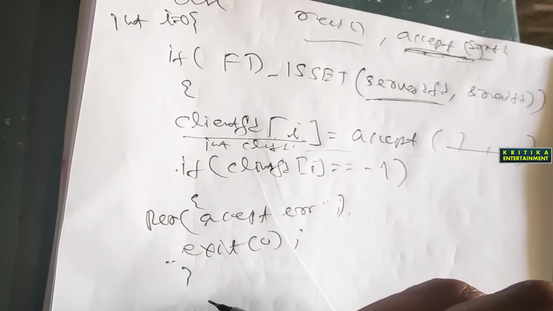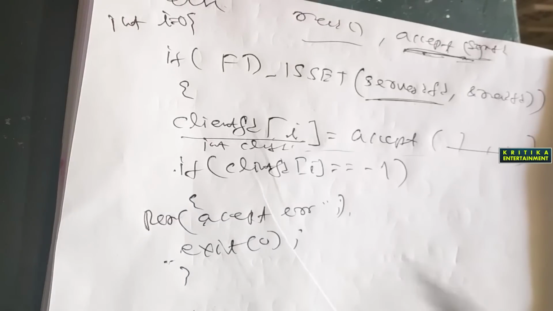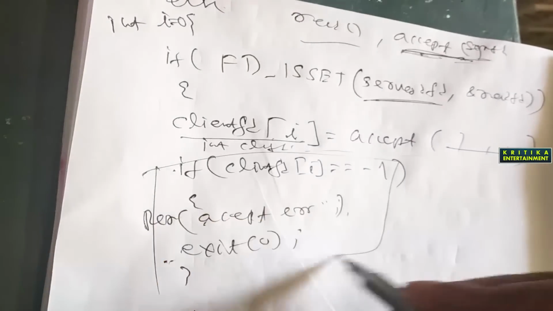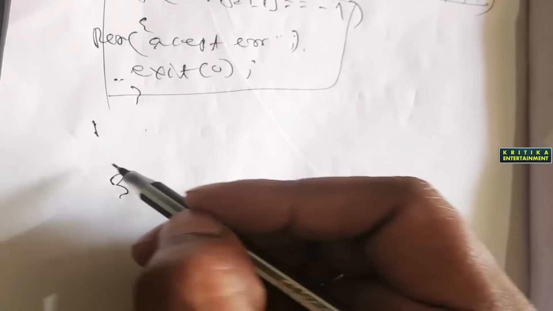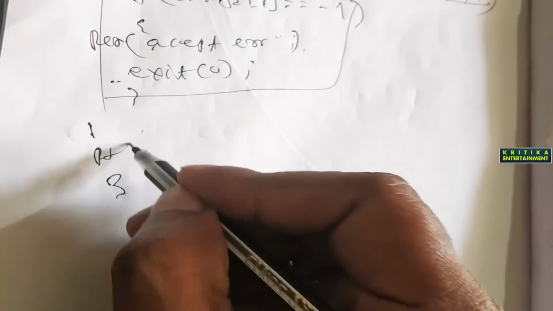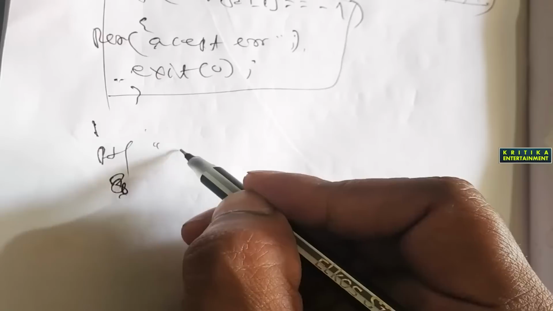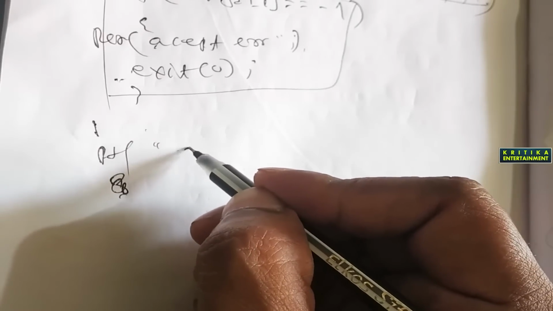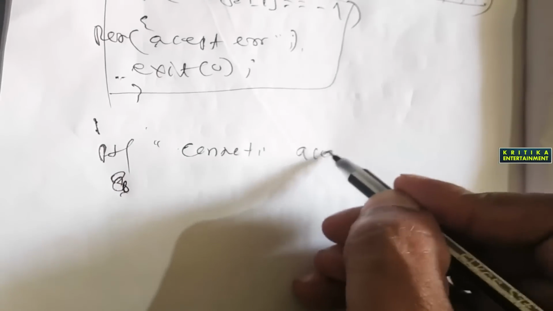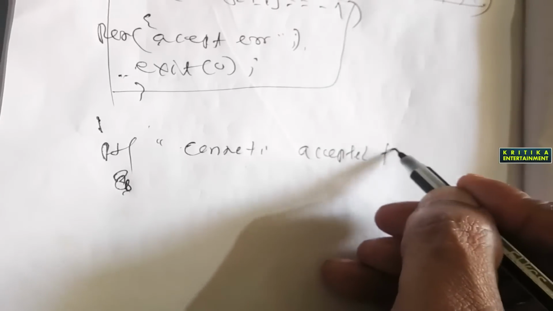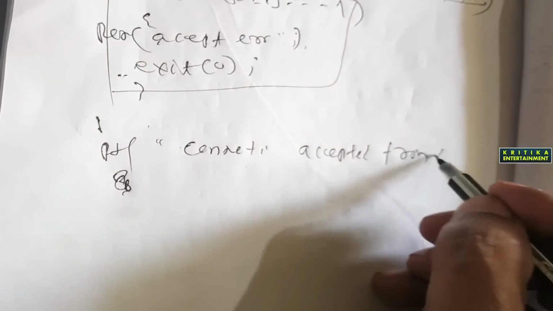If this line is not executed, then you can write printf "connection accepted from %s".